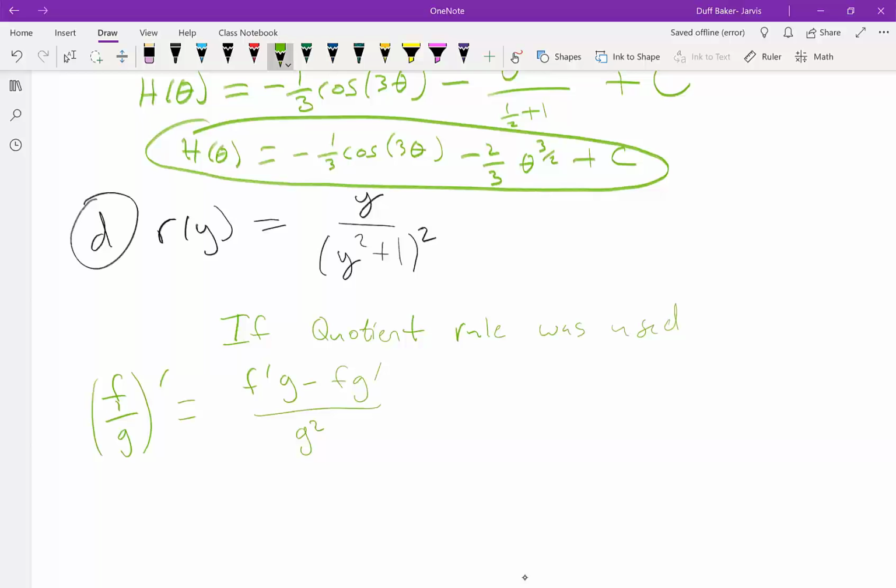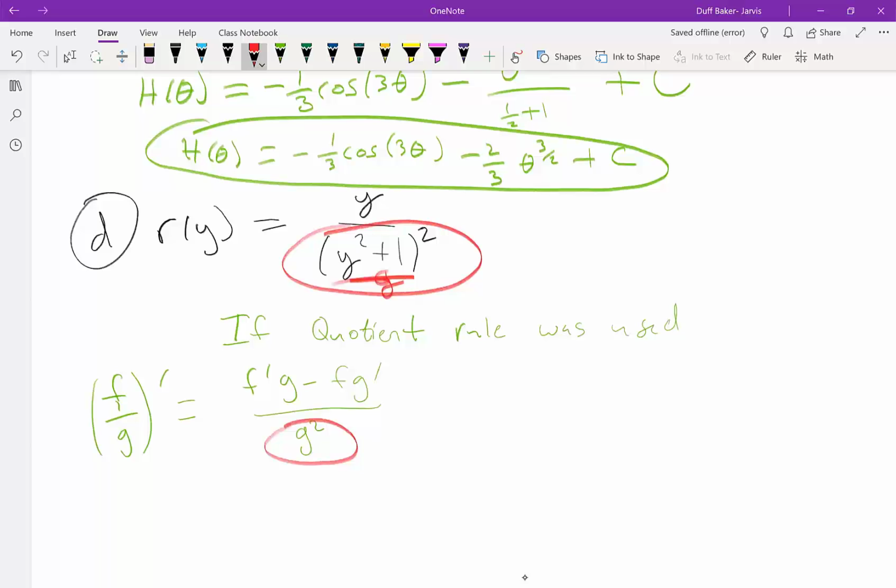And so the easiest thing I would identify is the g squared with this denominator, right? Because it's something squared and it's in the denominator. So that would mean that my g is probably just the y squared plus 1.